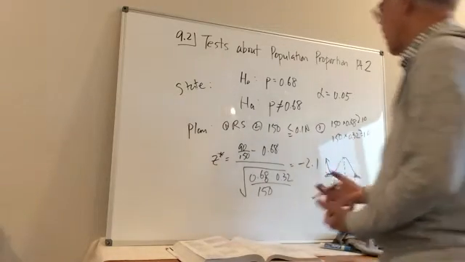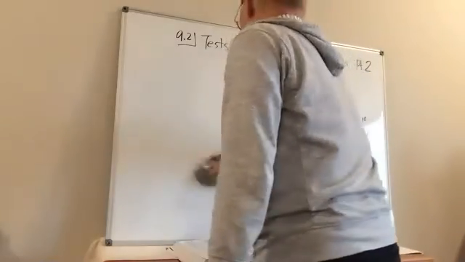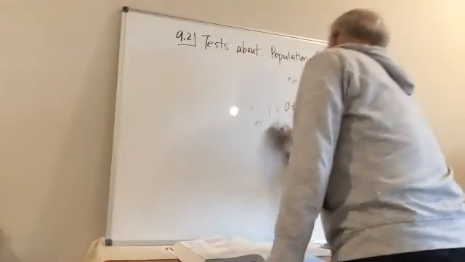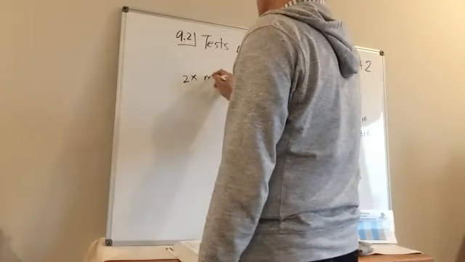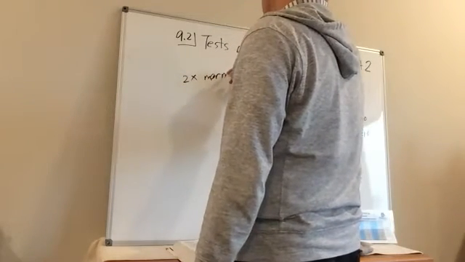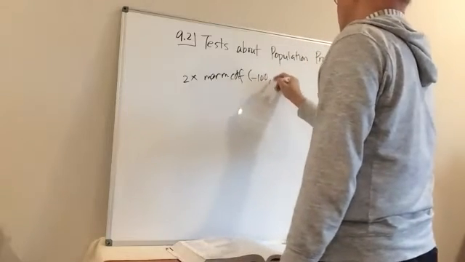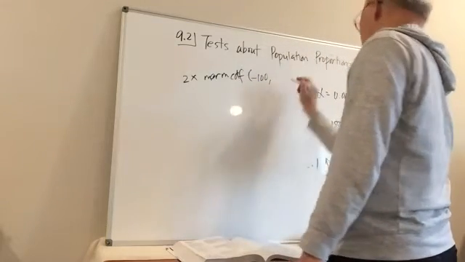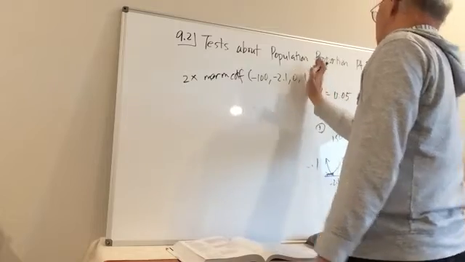So the p-value itself is going to be 2 times normalcdf from negative 100 to negative 2.101.